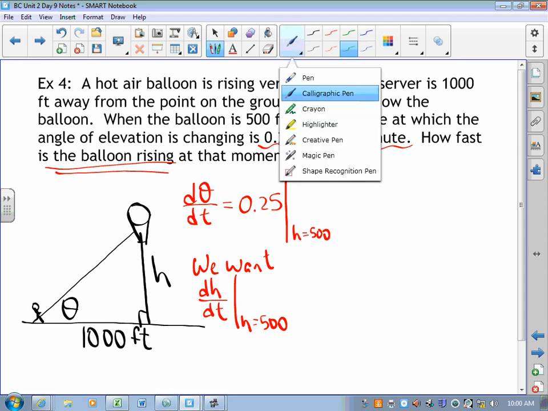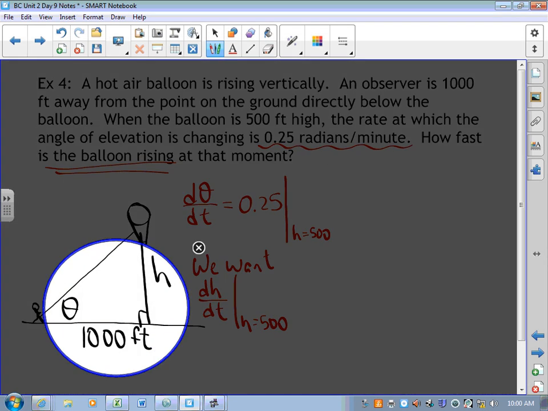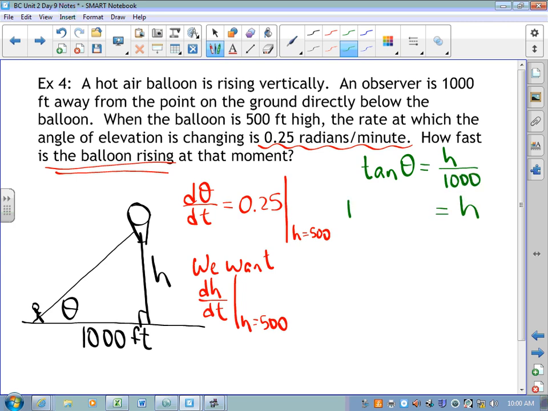So I'm looking at something that relates theta and h and maybe a number, and that looks like it's some kind of tangent problem. So I know that the tangent of theta is opposite over adjacent. Or if you like, h is 1,000 tan theta.